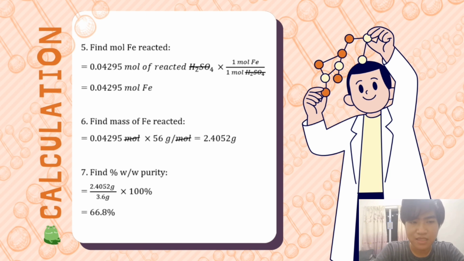Finally, we can find the percentage of iron in the alloy by using the formula: mass of iron, 2.4052 grams, over total mass of alloy, 3.6 grams, times 100%, where we get the percentage of iron at 66.8%.